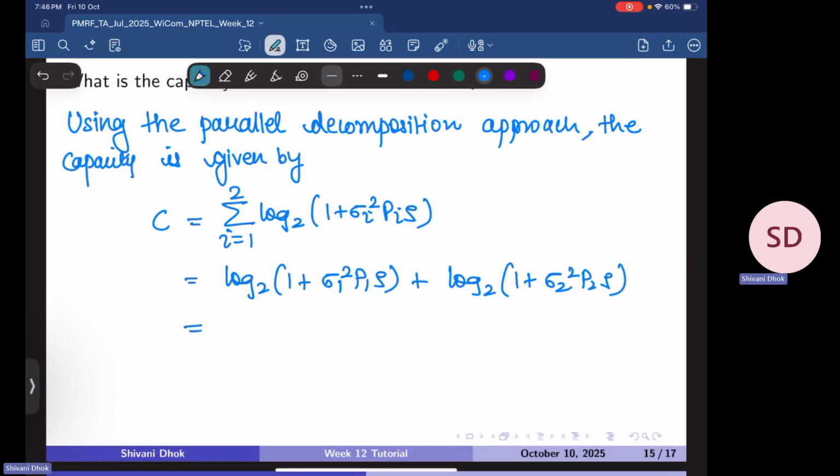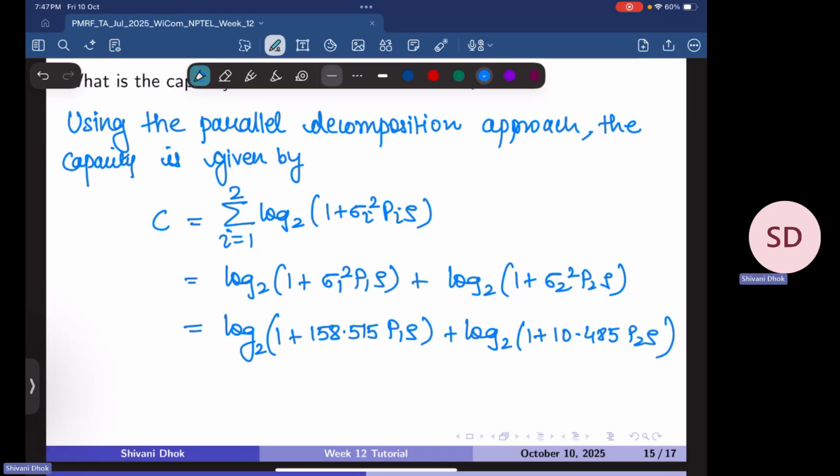Now your sigma 1 square is 158.515, so this comes out to be log of 1 plus 158.515 p1 rho plus log of 1 plus your sigma 2 square, which was 10.485, p2 rho. So this is the capacity, in bits per second per hertz.